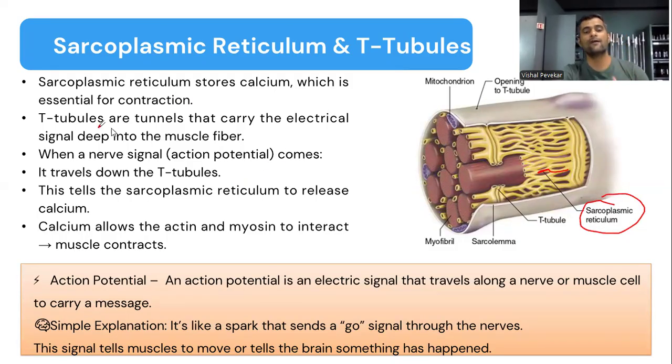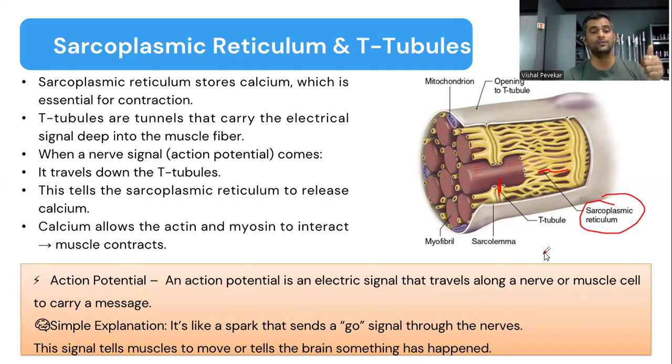And then you will have a tunnel, which is also called T-tubules, which is again seen here. So basically, when the brain sends a signal to the muscle, where is it received? It is first received at the neuromuscular junction. From there, this impulse has to travel into your muscle.